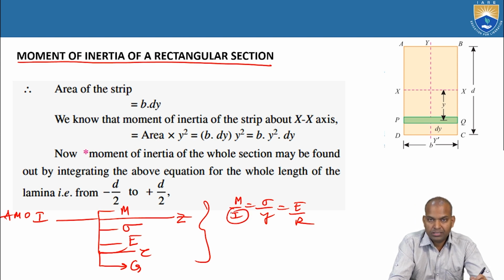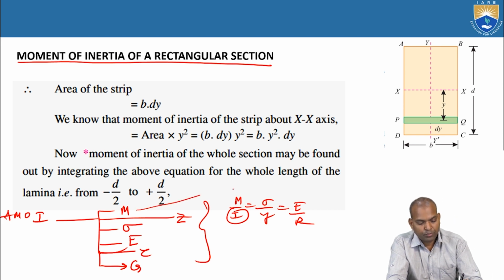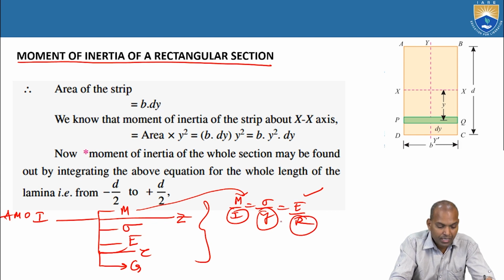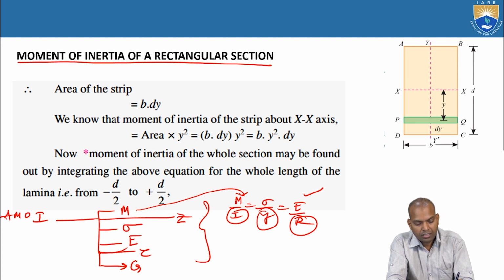I is the area moment of inertia, where M is the maximum bending moment, sigma is the bending stress, maximum bending stress or bending strength, E stands for modulus of elasticity, y is the distance from the top surface to the neutral axis, and R is the radius of curvature.